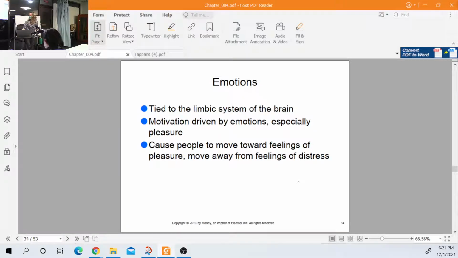Our emotions are tied to our limbic system. And mostly we're trying to reach a pleasurable situation. That motivates us, whether it's, I hate my car, I want a luxurious car with all the fine stuff, so we're saving and we're working, or I want a different house, living situation.